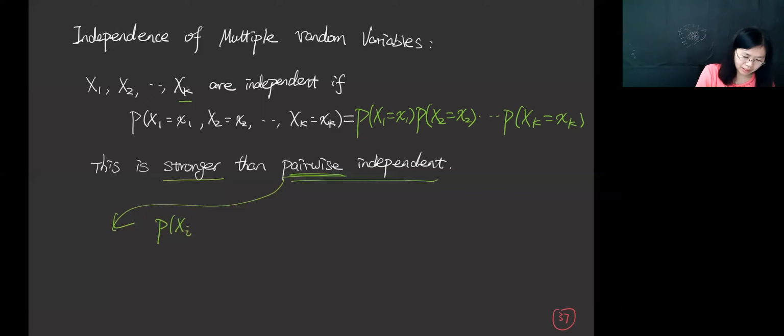So for any index i and index j, this pair of random variables xi and xj satisfies the product rule.